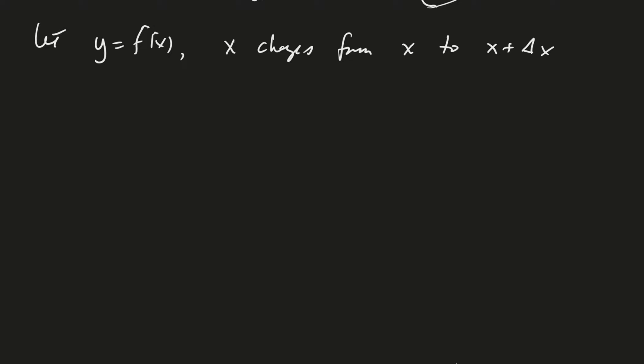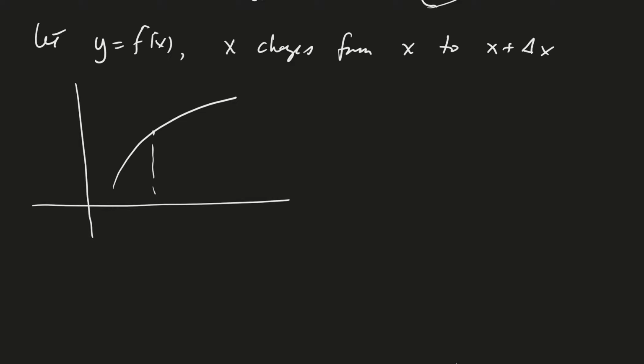Right, so x has a change in x. So let's go ahead and draw a picture of a function starting at a point x and moving to x plus delta x, so that the change in x is down here on the x-axis.